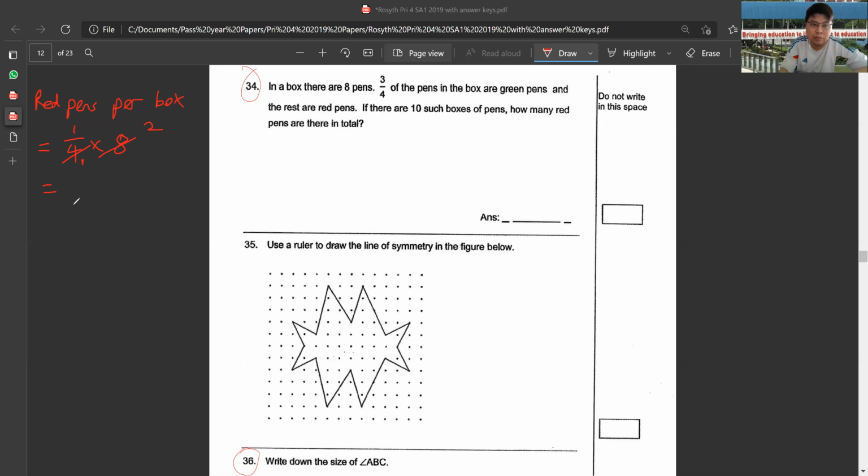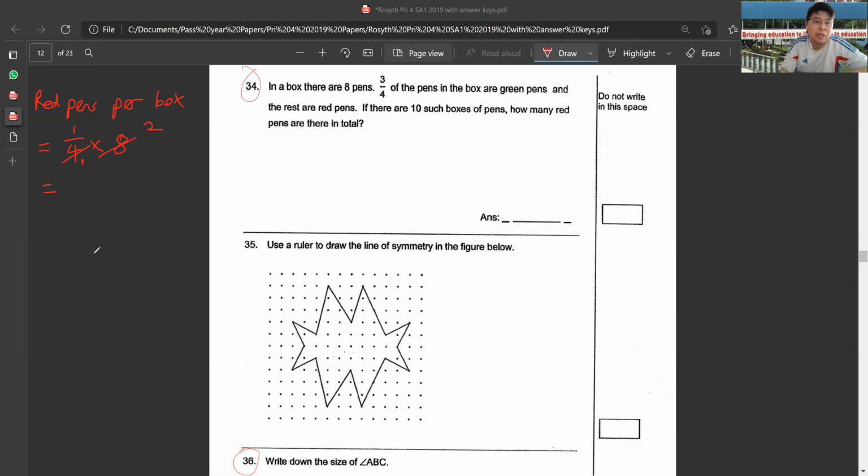Both numbers are divided by 4. 4 divided by 4 is 1. 8 divided by 4 is 2, because 4 is the highest common factor of 4 and 8. Same concept as earlier.